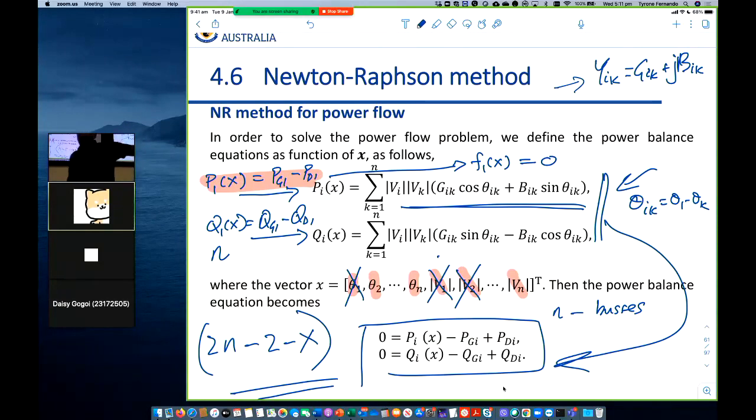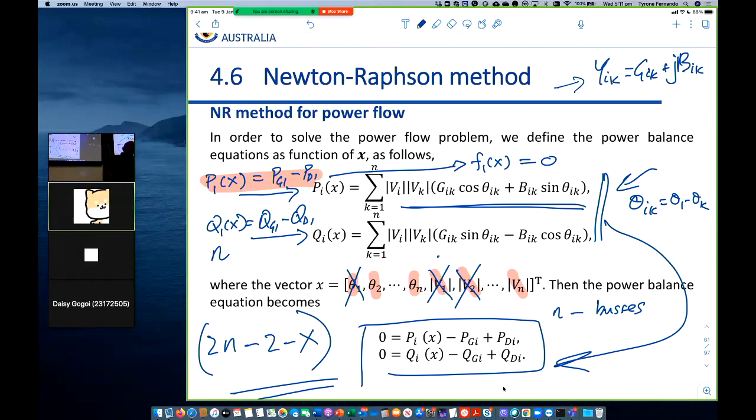We need F(x) equal to 0. We can write the same thing for reactive power for bus i: Q_i minus Q_Gi plus Q_Di must equal 0. For each of the buses, we're going to write two equations, and those are the two equations.